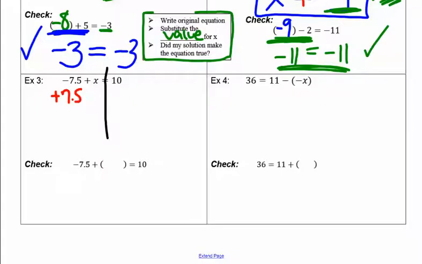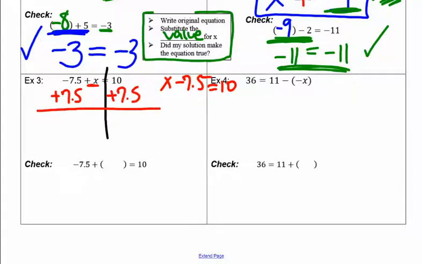Right? And if you wanted to rewrite this, guys, the x is positive, this other guy is negative. You could rewrite it like that if you want to, and then equals 10. If that makes more sense, that we're going to get rid of that minus 7.5, we're going to add 7.5. We have to use its inverse, and then what I do to one side, I do to the other.